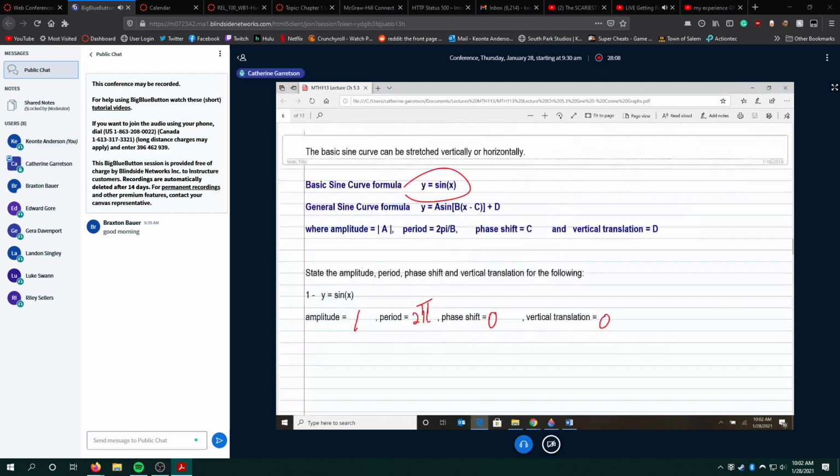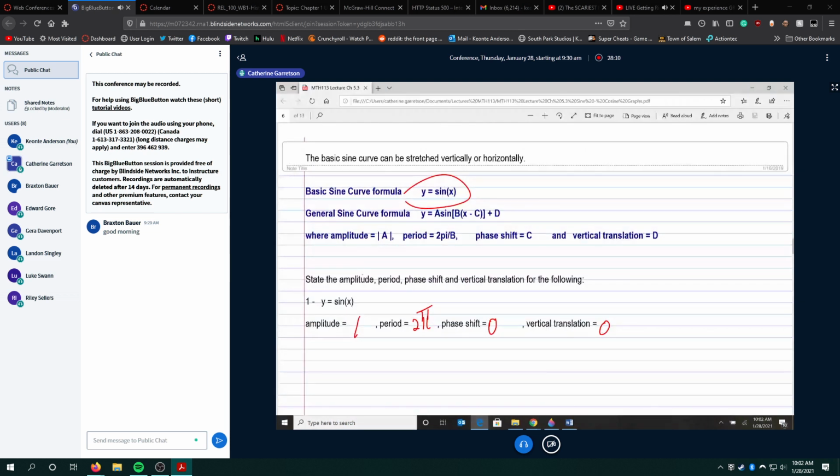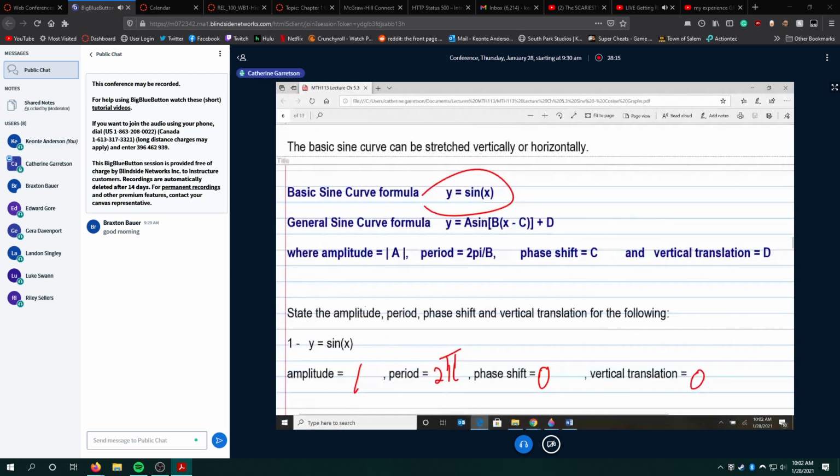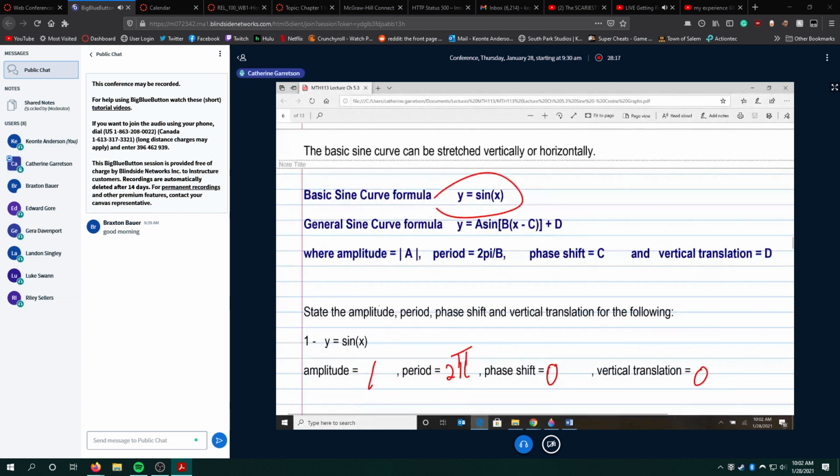Okay. Now, y'all remember from pre-cal algebra that they talked to you about transformations or translations. Both of those words. How do I change the basic shape?